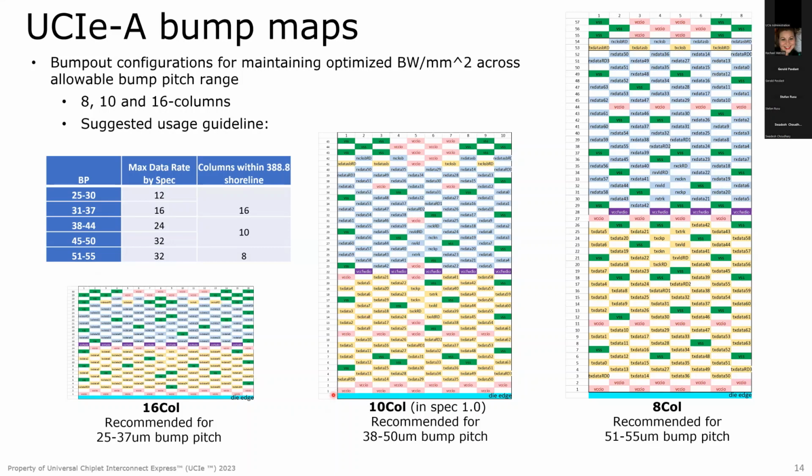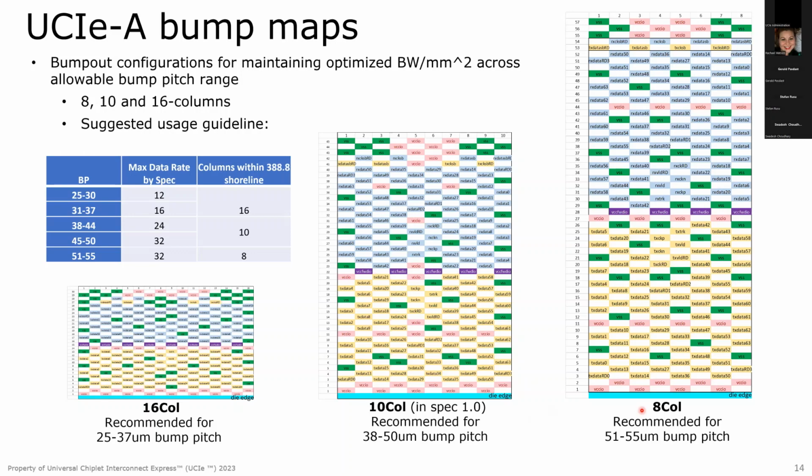In other words, you're taking a linear reduction in area, not that square law reduction in area that you're afforded when you go to smaller bump pitch. Similarly, but differently, at the opposite end of the spectrum, when you, as an example, go to 55 micron bump pitch, what you want to do is have the flexibility to go to this 8-column design.